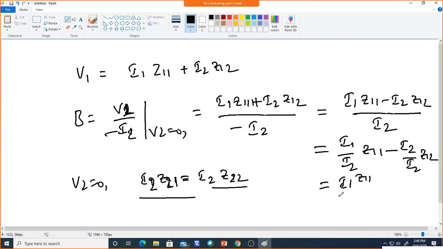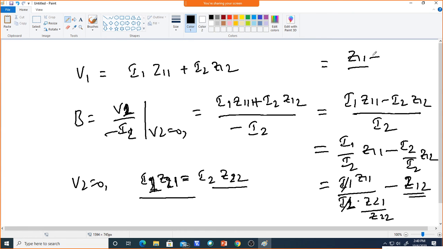I1 Z11 divided by I2, and I2 in terms of I1 is I1 into Z21 divided by Z22. So minus, this will cancel each other, which will become Z12. Here I1 will cancel each other, so you will get Z11 minus Z11 into Z22 divided by Z21 minus Z12.